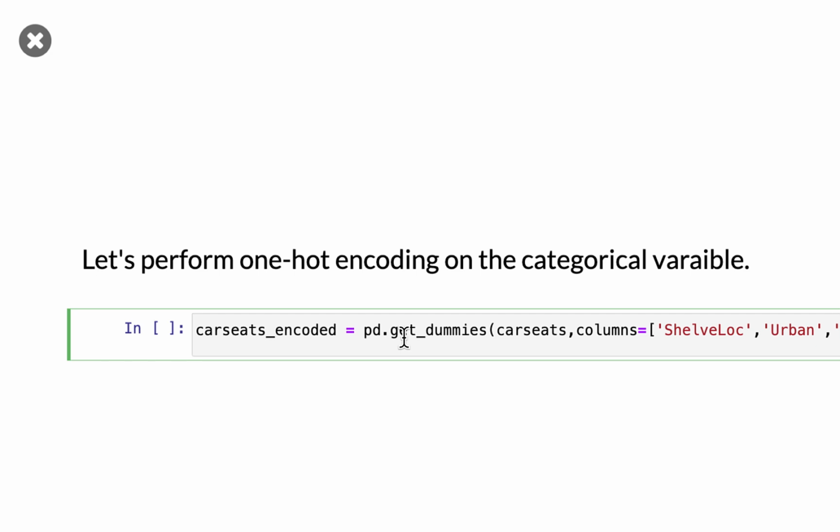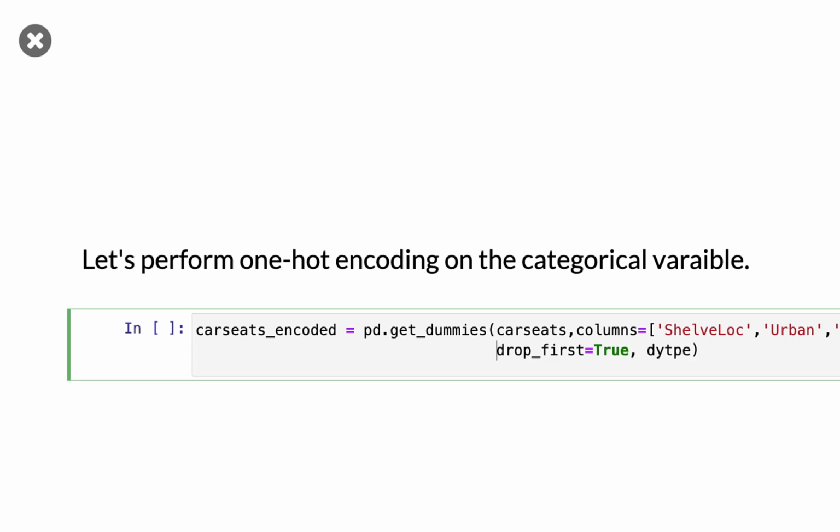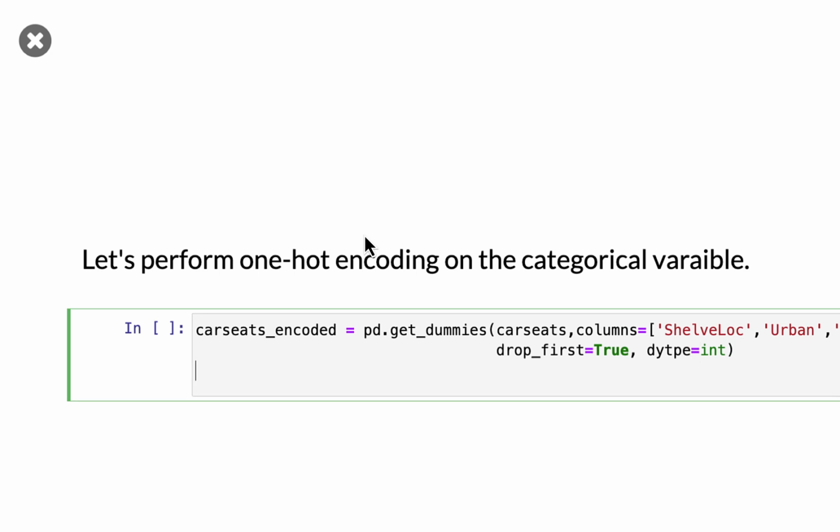Yes or no again. And then we set drop_first equal to True, and dtype equal to int. All right, so that we can visualize the encoded data set by using, again, the head function.